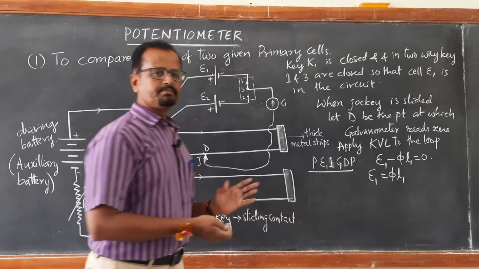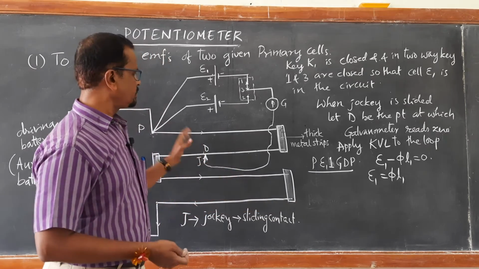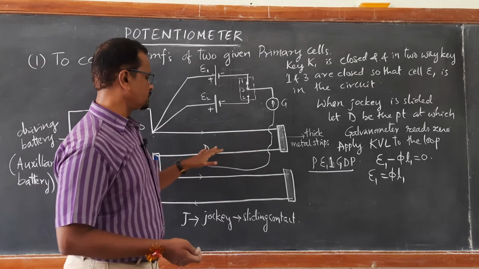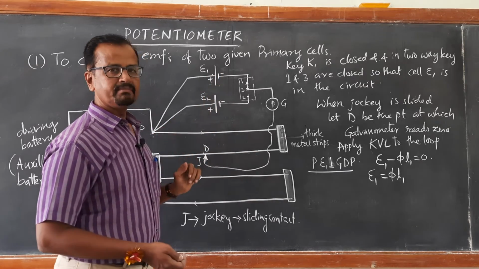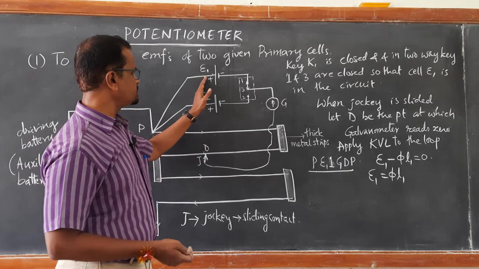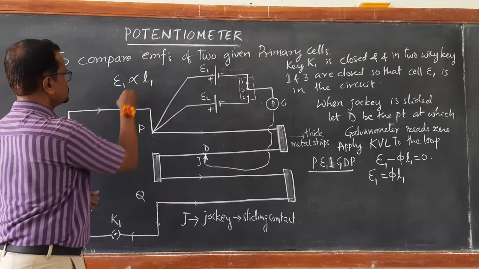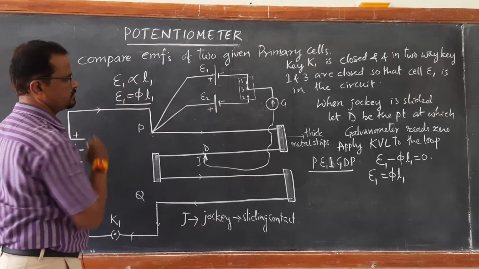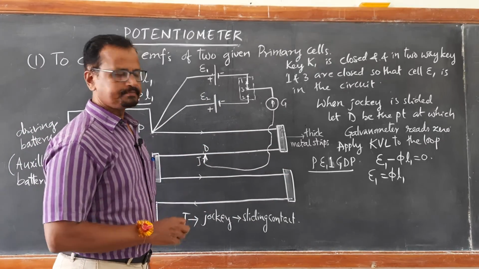Or using the principle of the potentiometer itself, we know that the potential difference across the two ends of this potentiometer wire is directly proportional to the EMF. EMF here is E1, so E1 is directly proportional to L1. Directly we can write E1 is equal to phi L1, without applying Kirchhoff's voltage law.